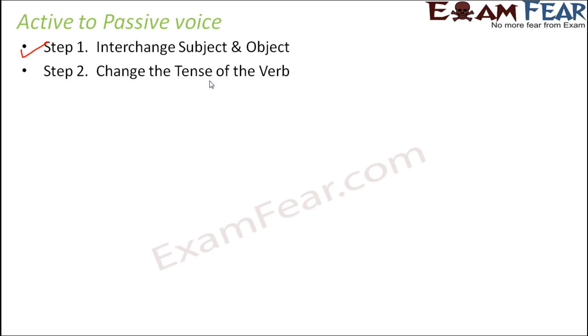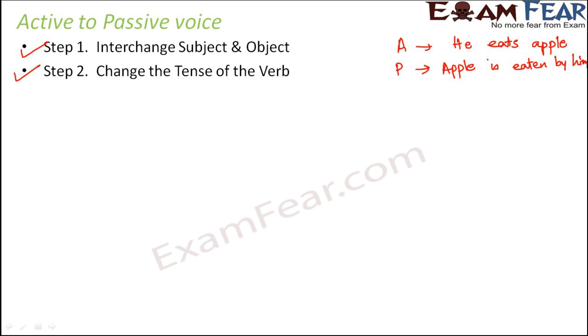Step 2 is to change the tense of the verb. The verb also needs to change. For example, when I say he eats apple, that is active voice. In the passive voice, we say apple is eaten by him.